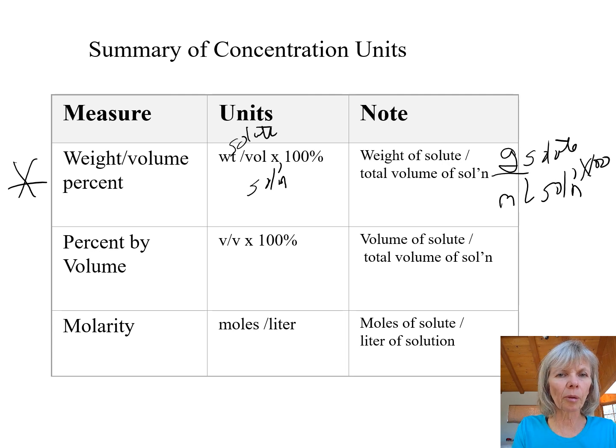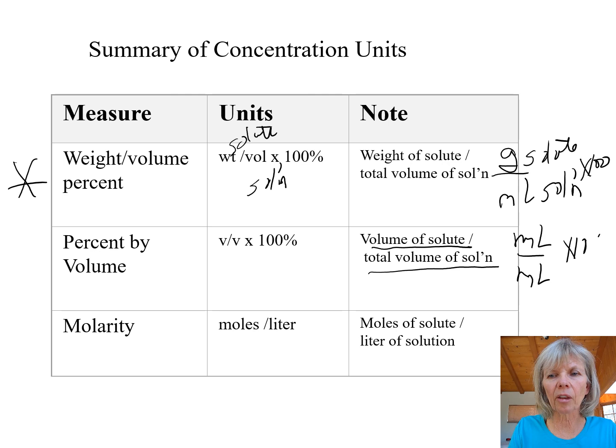So you need to know the formulas for this. Percent by volume is just the volume of your solute divided by the total volume of the solution. What matters for this one is your units match. So you may have milliliters over milliliters, and again, you times by 100 to get a percent. It could be liters over liters times 100, just so long as the units for the solute and the solution match each other.